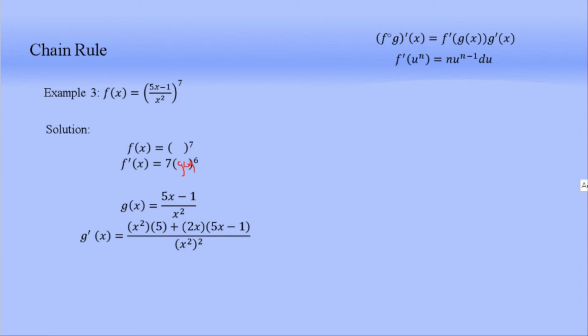So we're going to multiply this and this. x squared times 5 is 5x squared.